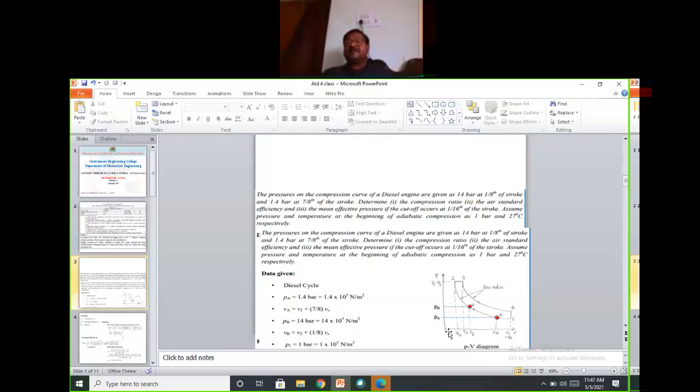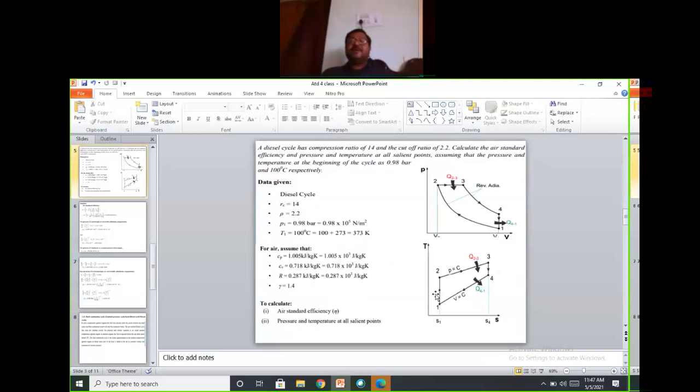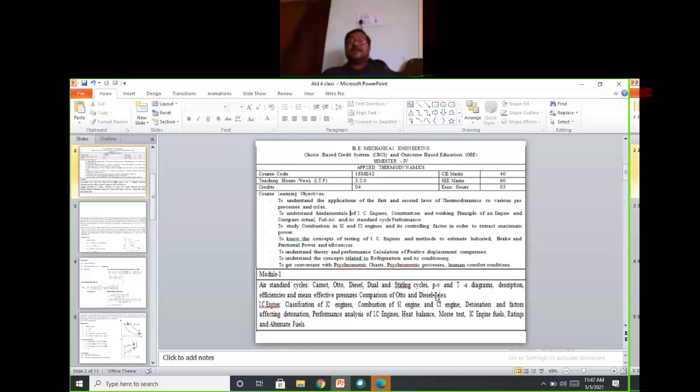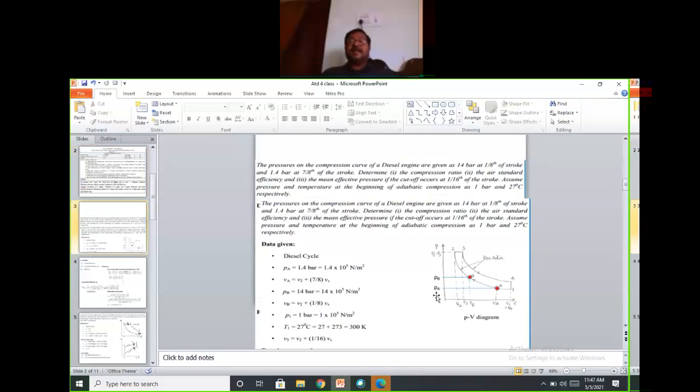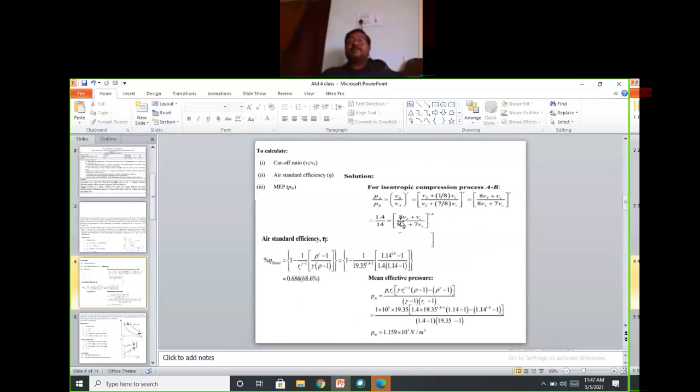Okay? V2 plus 7/8, VB by VA. From here, PA by PB is 1.4 by 14. You'll get this equation, and then the thermal efficiency is this. After that, if you calculate r, the compression ratio, and all those things, you'll get the mean effective pressure and the thermal efficiency.